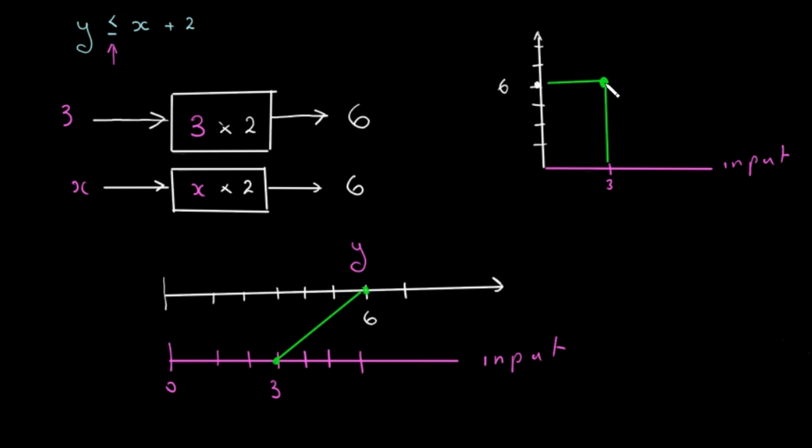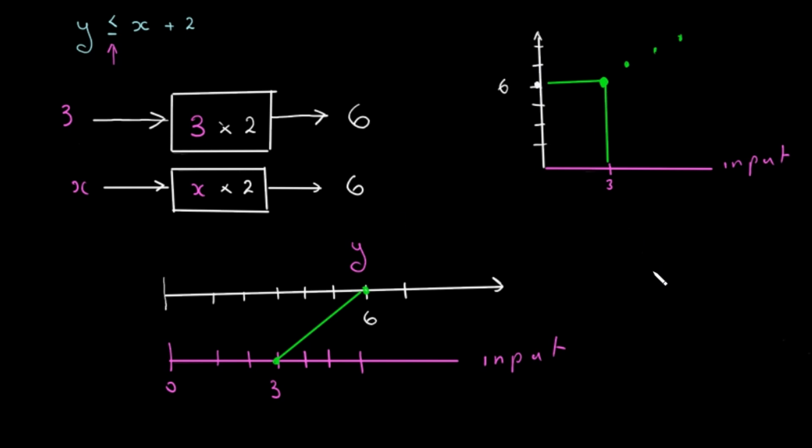That point there represents a turn in the connection. And that's all a graph is. It has lots of turns where this number line is related to that number line. Right? So we've got that.